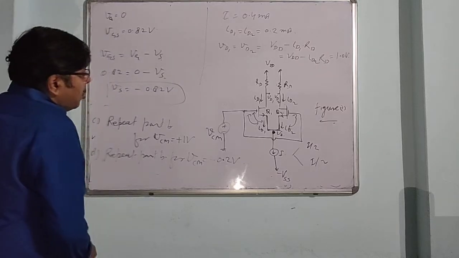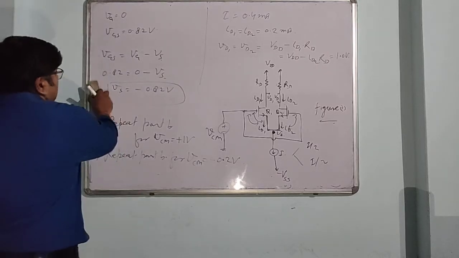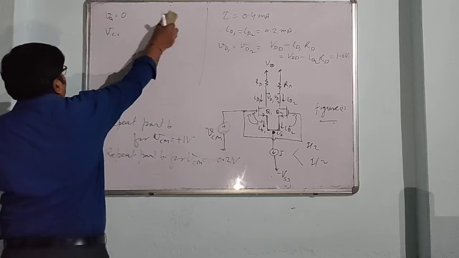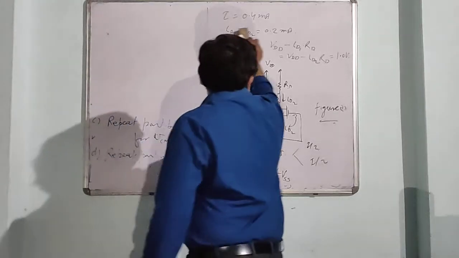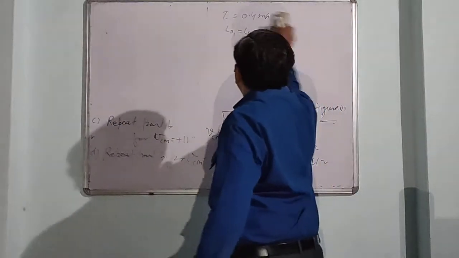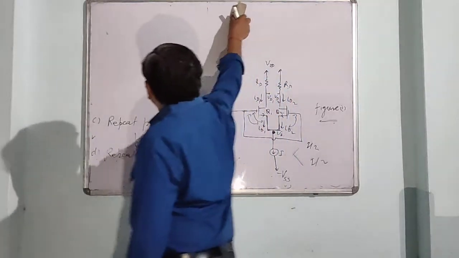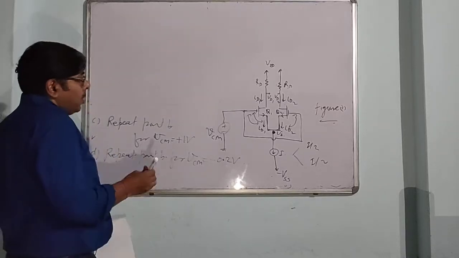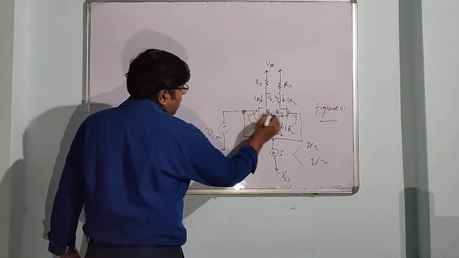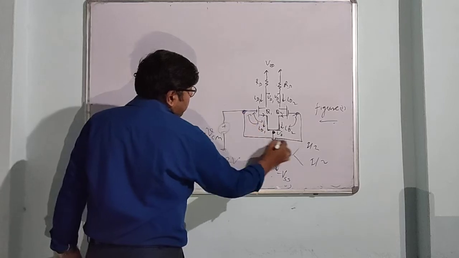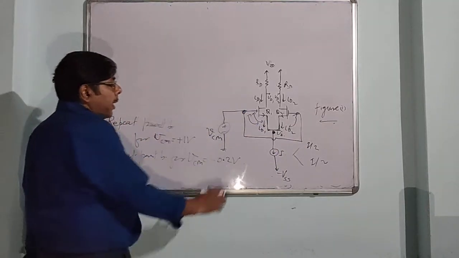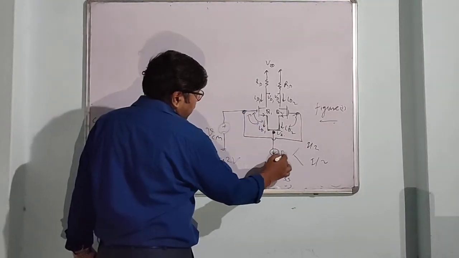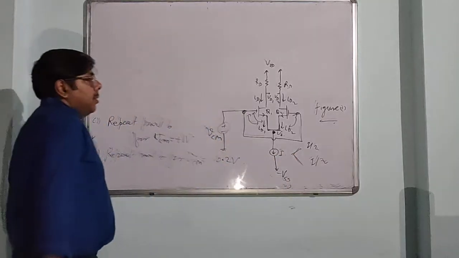So what is the approach? One thing is similar here because the signal applied is common to both gates. At both gates we have the same input, so current will divide equally into two parts.